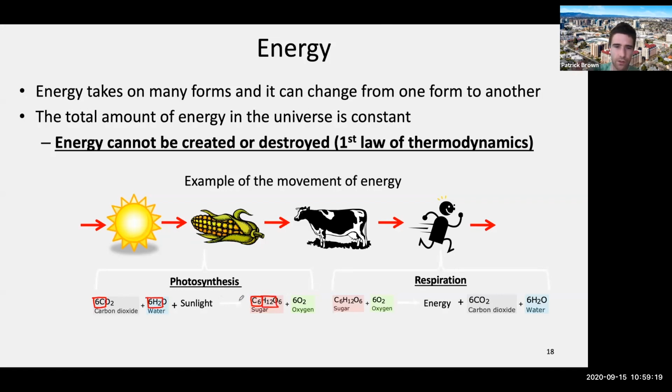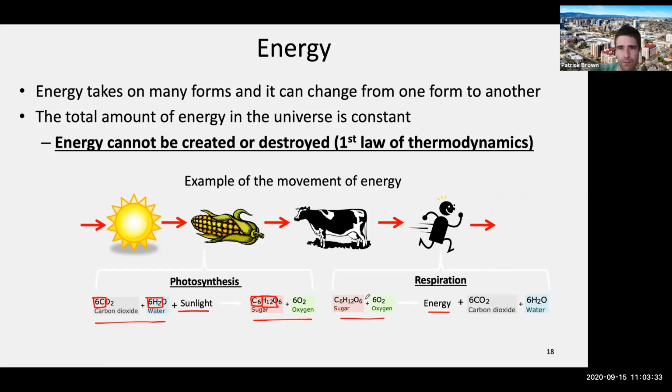So those are conserved, but the energy is conserved too. The energy coming in from the sun that is then stored in the bonds of these molecules, that same amount of energy is then released through respiration to power our bodies. So conserving energy, conserving carbon.